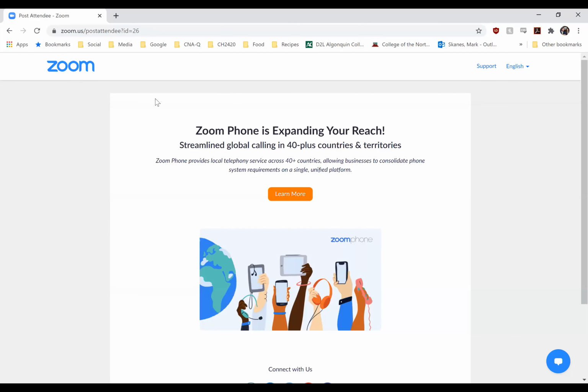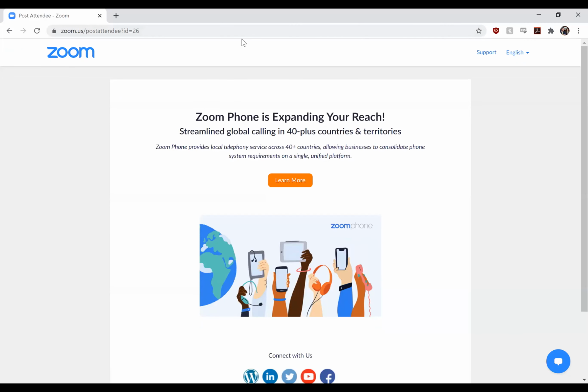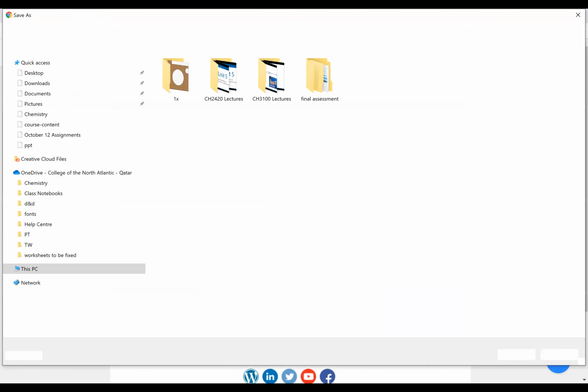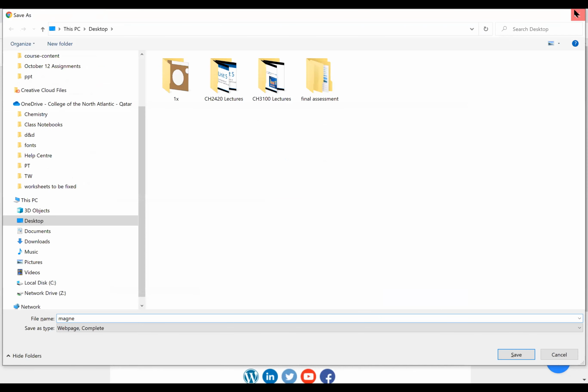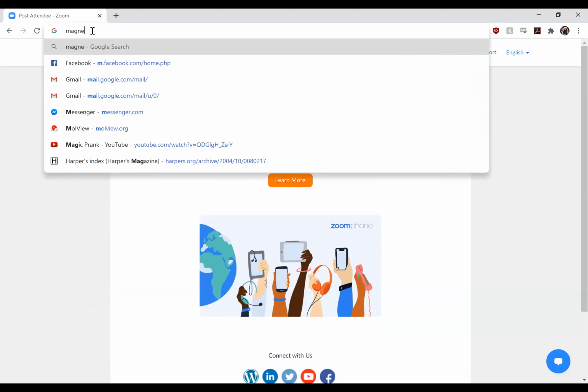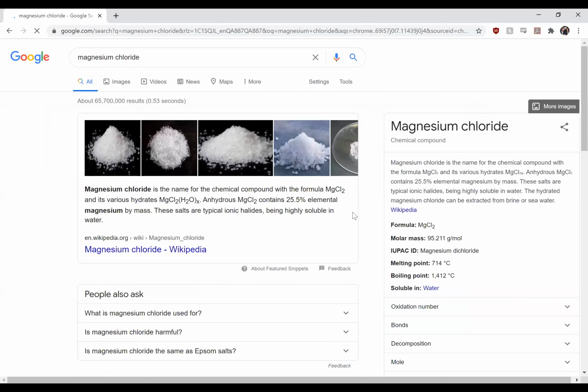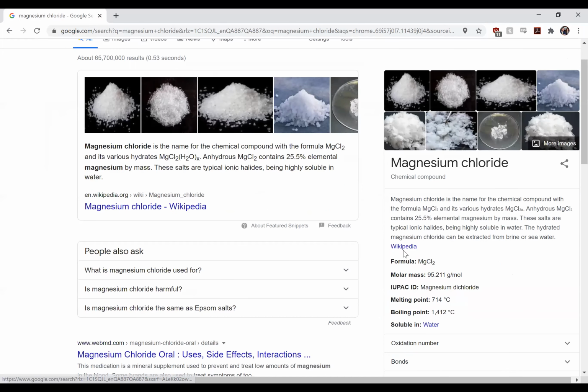just go to Google, right? And if you type in magnesium chloride, you could even type MgCl2, it doesn't matter. If you can see on my screen here, this is why I love Google.